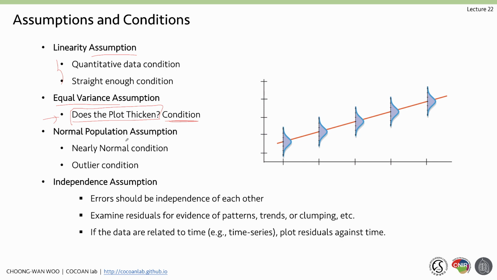There is the normal population assumption, for which we can use the normal probability plot, and the independence assumption: errors should be independent of each other. To examine that, we have to examine residuals for evidence of any patterns, trends, clumping or bands. And if the data are related to time, that is, time series data, we have to plot residuals against time as well.